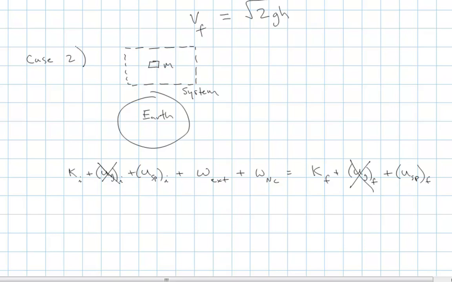I have no springs in my system, so I'll just cross those off. What I have is work done by an external force. I have the Earth reaching into my system and exerting a force. So the force of gravity multiplied by the distance is the work done by gravity.